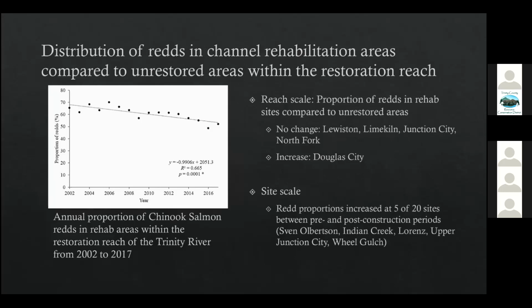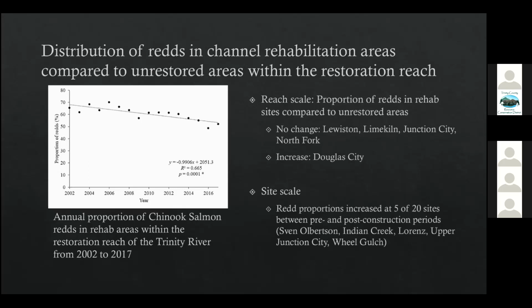Looking at the distribution of redds in channel rehabilitation areas compared to unrestored areas within the restoration reach, the proportion of redds in rehab sites within the restoration reach declined at a rate of about 1% per year from 2002 to 2017.